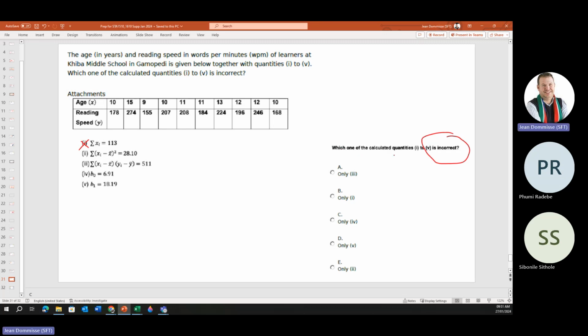Which one of the following calculated quantities is incorrect? Okay, that one is incorrect, which is weird. Okay, feels weird. I think there's definitely a mistake here, but let's calculate the next one.